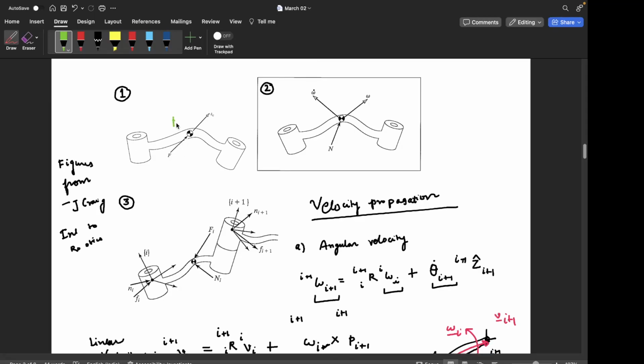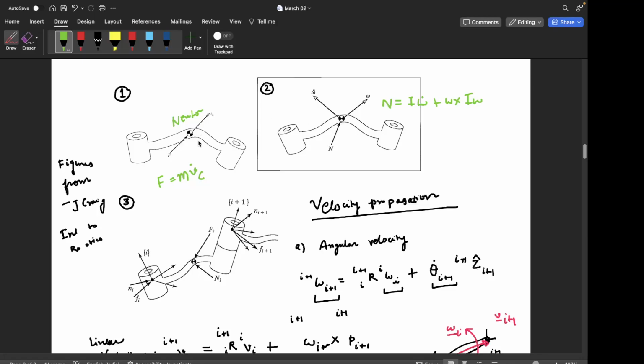So this is the Newton equation which I wrote, right? F is equal to m v dot c. And here is the Euler equation. N is equal to I omega dot plus omega cross I omega, right? This is about the center of mass.